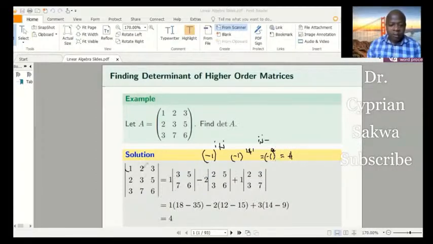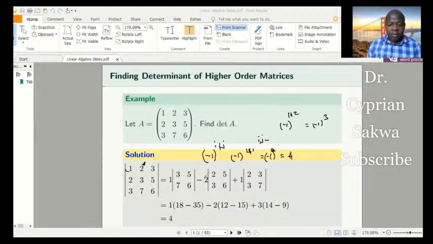What about here? Element 2, what sign should I use? So I should take -1 raised to, this element 2 is in row 1, column 2. And so you notice that this is -1 raised to 3. So the sign will be negative.